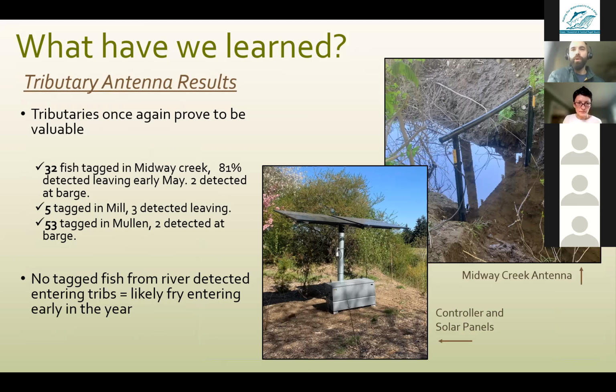So before we started tagging late January, early February during the high flow events, it's likely those fish got in there and stayed put. And then once the water dropped, potentially occupied all that available habitat, and they were the only fish that we found in there, none from the river.